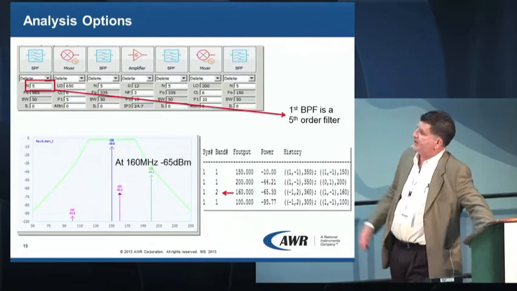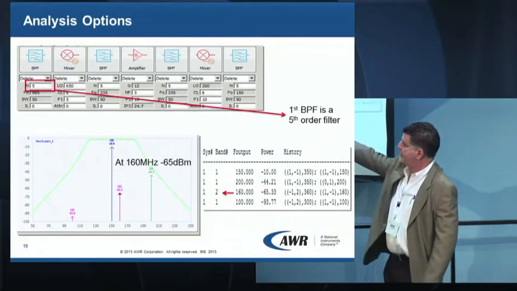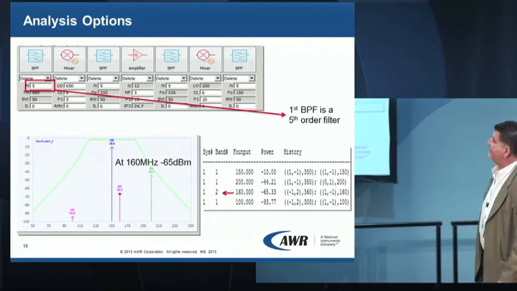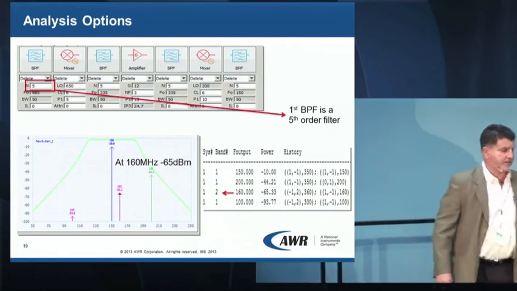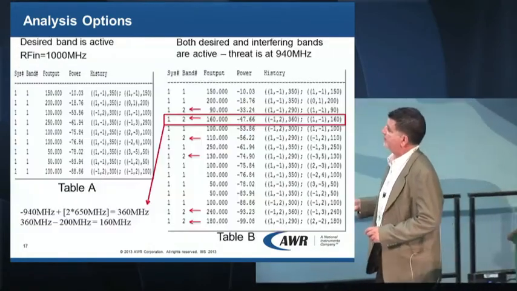So when I built the design, I started over here with my very first filter being a fifth order filter, and I had this 160 megahertz signal at minus 65 dBm. Previously I think I had a third order filter.